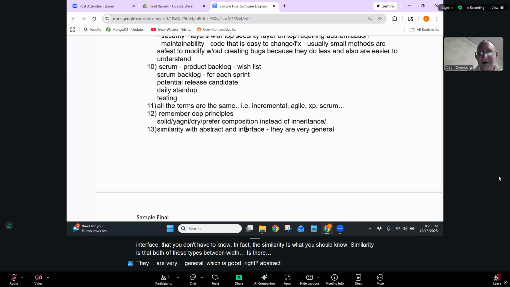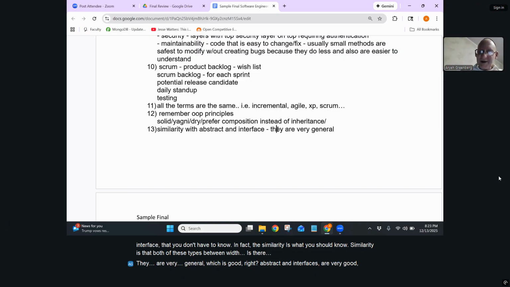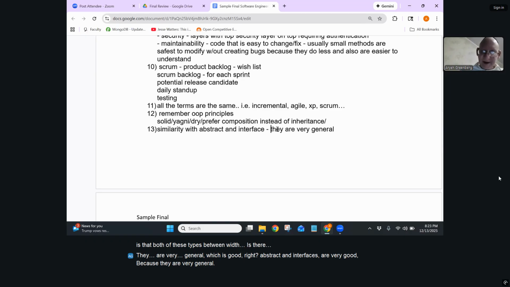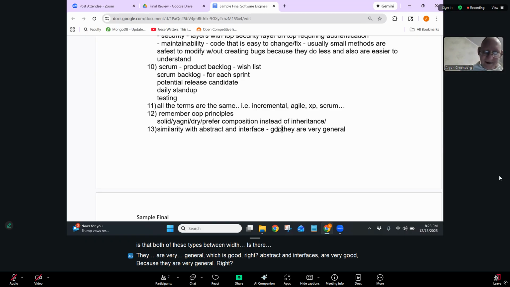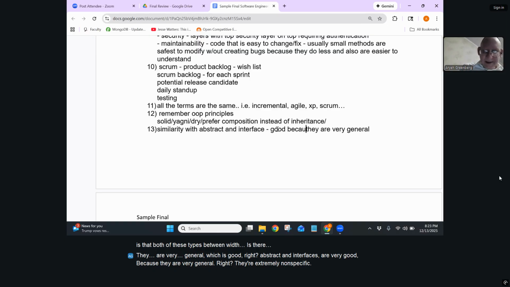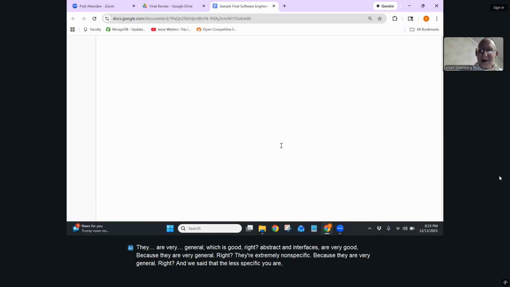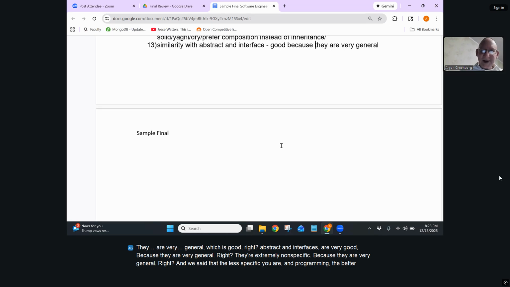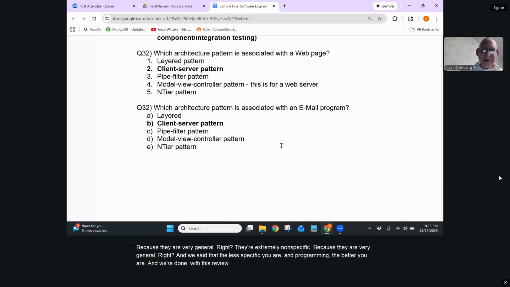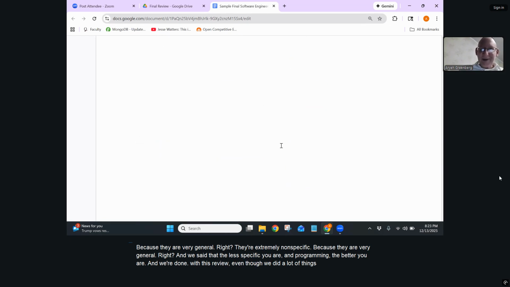Abstract classes and interfaces are very good because they are very general. They're extremely non-specific, and we said that the less specific you are in programming, the better you are. And we're done with this review, even though we did a lot of things that weren't on the final.